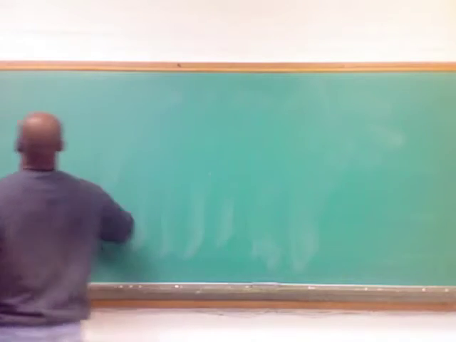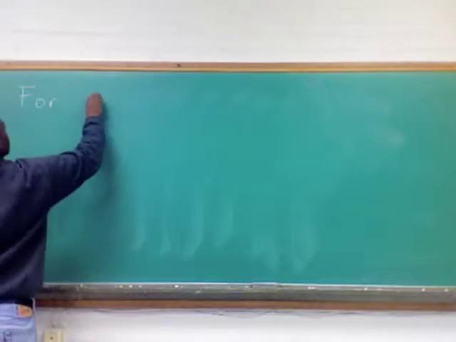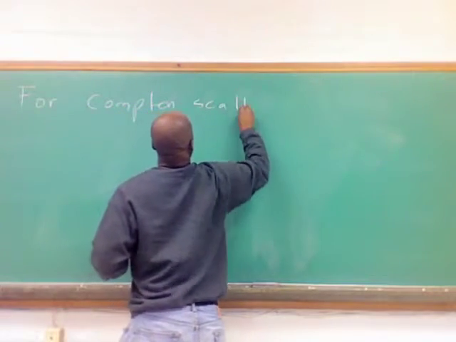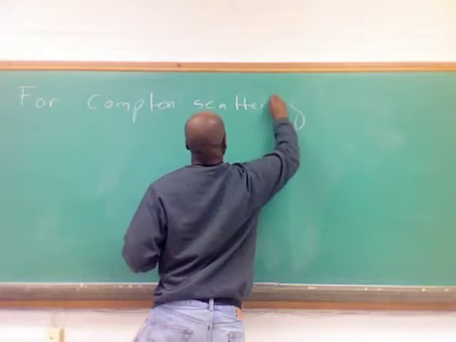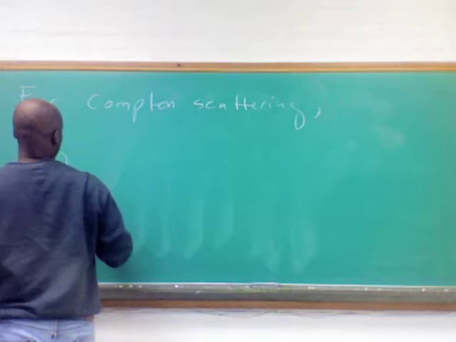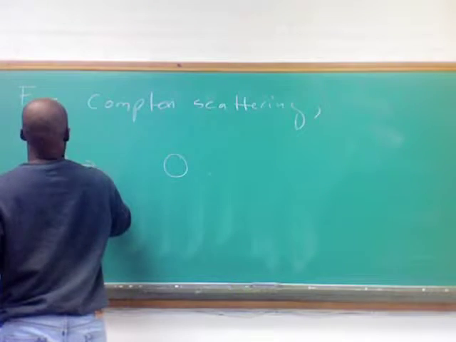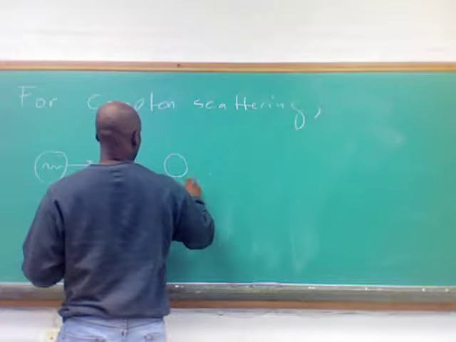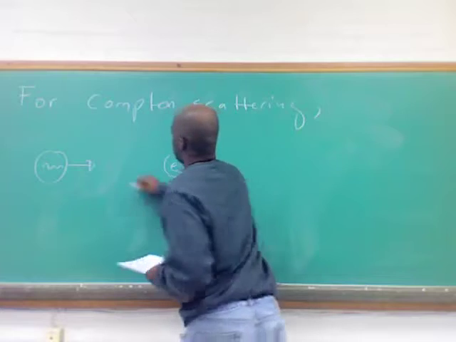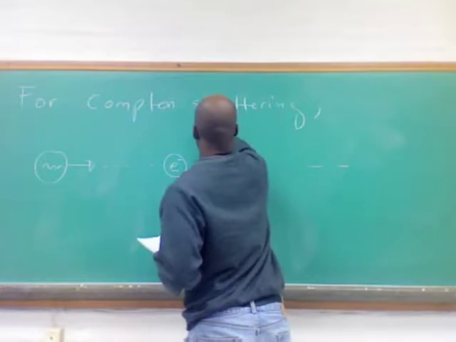We've got the following. We've got our photon coming in, and it's got some momentum and energy, and we've got our electron just sitting there. And then what happens?